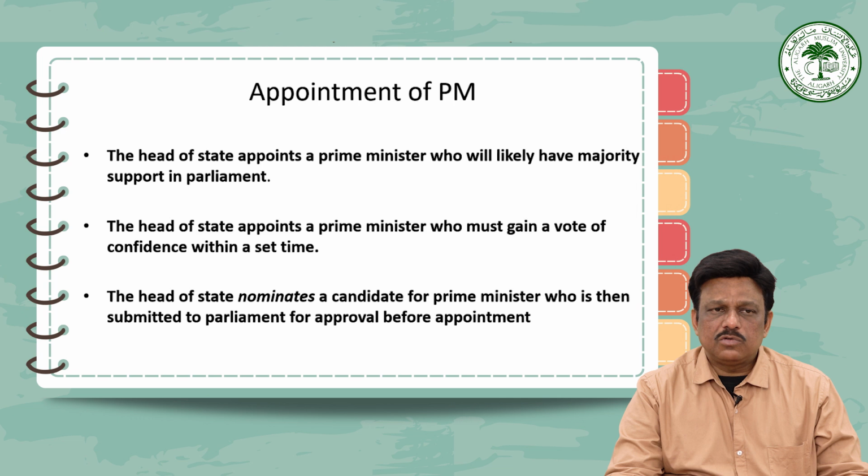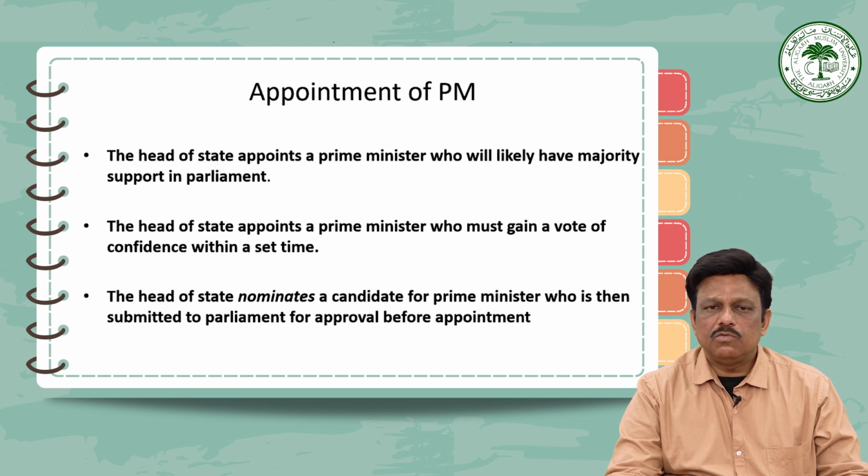Then another way of appointing the head of the government is that the head of the state nominates a candidate for prime ministership who is then submitted to Parliament for approval before final appointment. Now, an example is Spain. We find the king sends a proposal to the Congress of Deputies for approval.